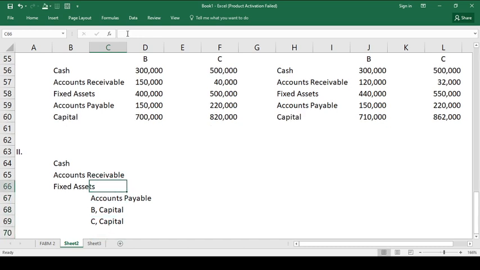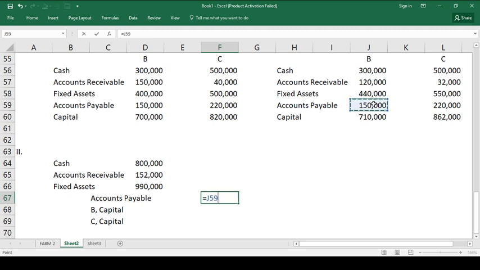For cash, the sum of 300 plus 500, so that is 800. For accounts receivable, we have 120 plus 32. Ito na po ang opening balance natin. Fixed asset, we have 440 plus 550. And then for accounts payable, we have 150 plus 220.